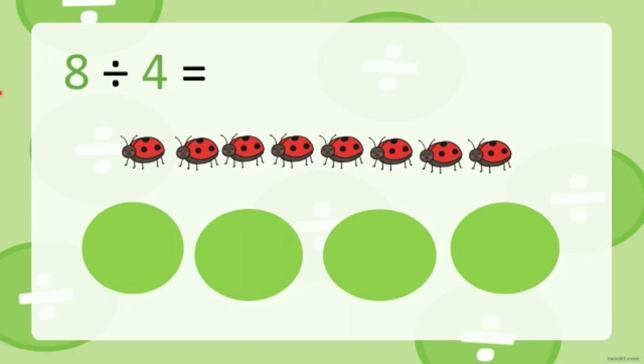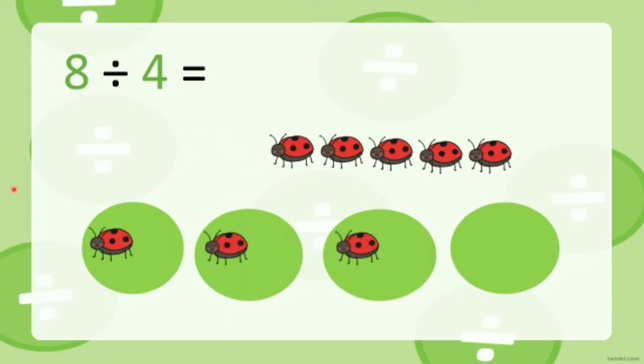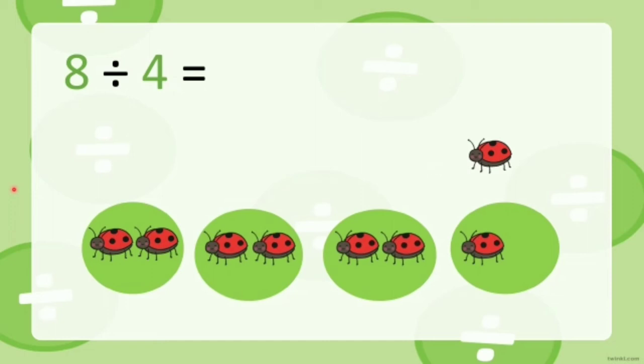First, we put one bug in each group. When all the groups are filled, then we start filling the groups with the next bug. Now children, we have filled all the 4 groups.